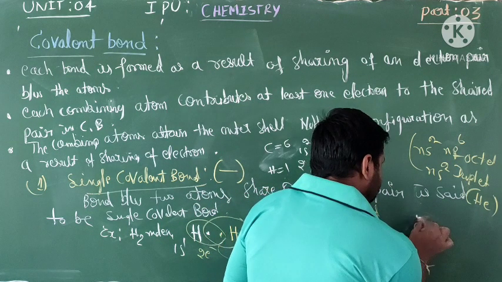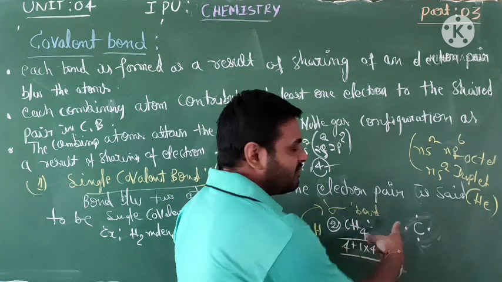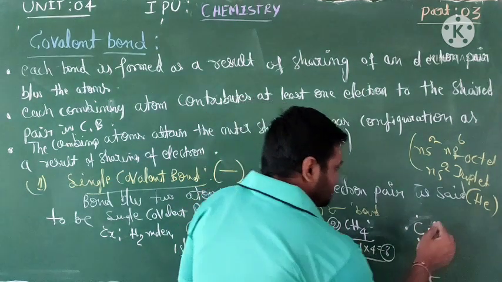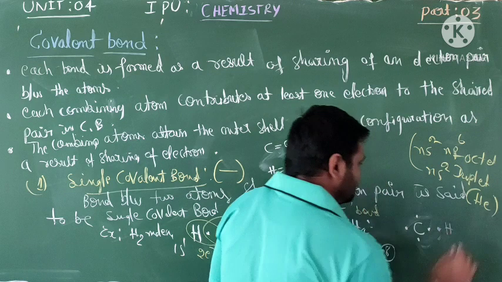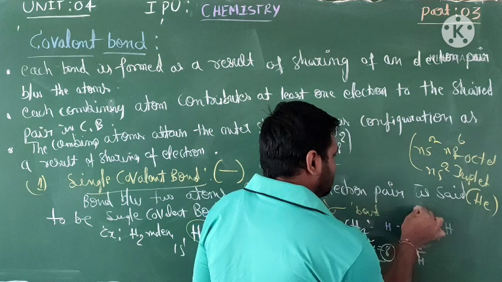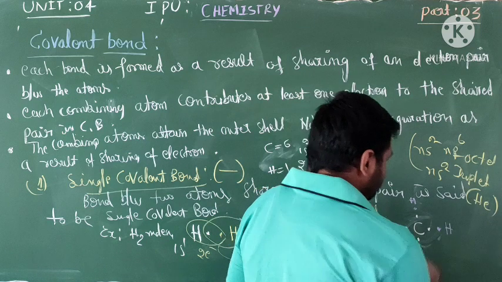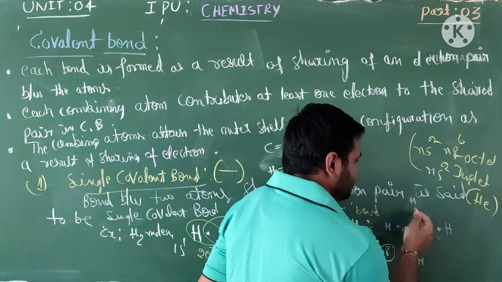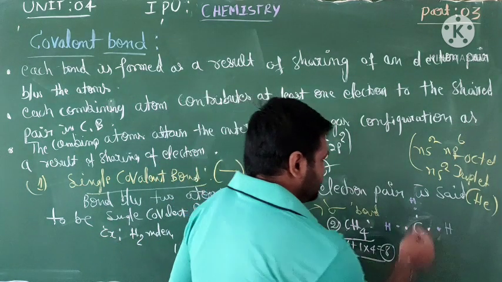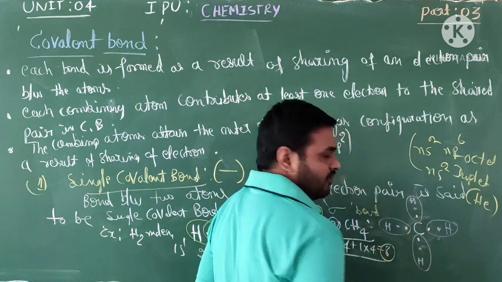On each side we mention the 4 electrons of carbon. Each hydrogen shares 1 electron with carbon, with one hydrogen on each side. This is sharing of one electron, forming single covalent bonds.